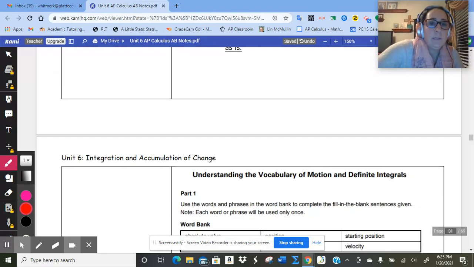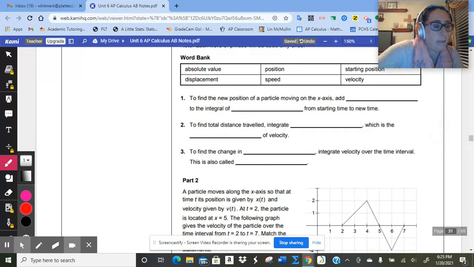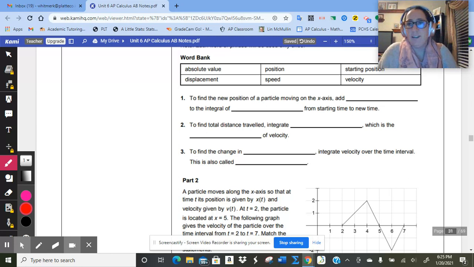All right. Let's do some vocabulary. Then we'll get to some more concepts or we are going to do some exact problems. Okay. So to find the new position of a particle on the x-axis, add the starting position to the integral of the velocity from starting time to the new time.